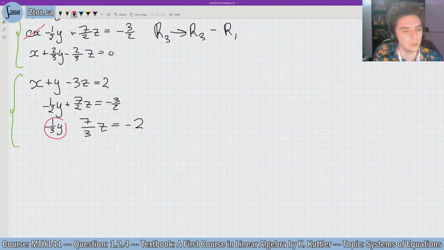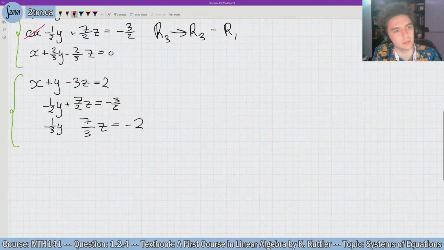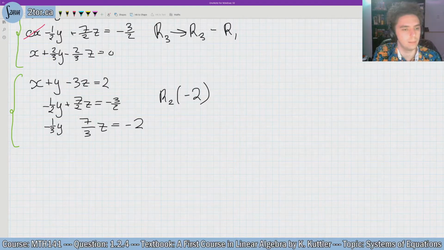Okay, so to do that, like I said, for the variable you want to get rid of, make sure all the coefficients are 1. So it's a 1 up here. It's not a 1 on either of these two things. So how do I make it a 1? Well, on row 2, I need to multiply by negative 2, right? Because negative 2 times negative 1/2 is positive 1, right?